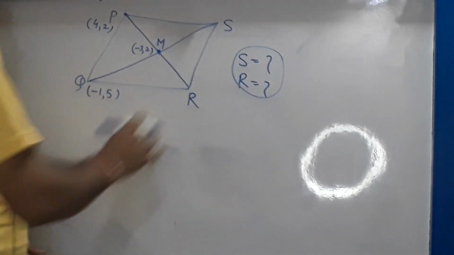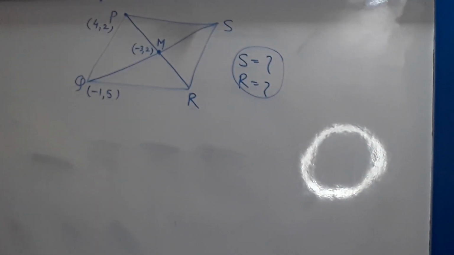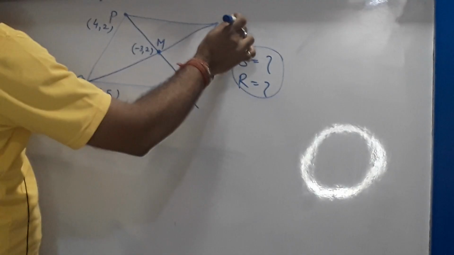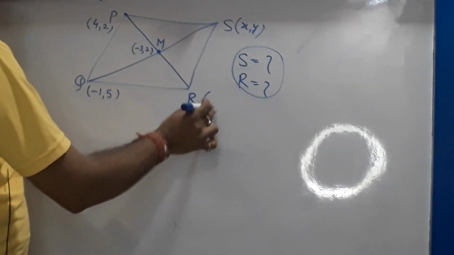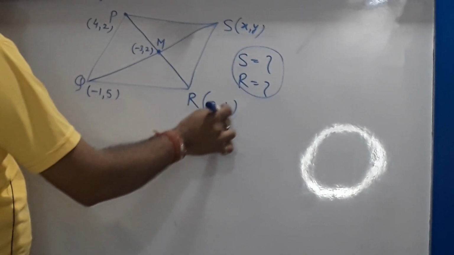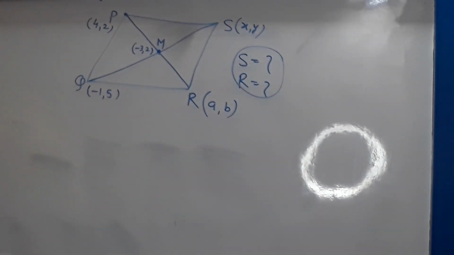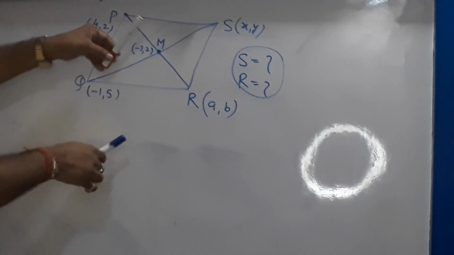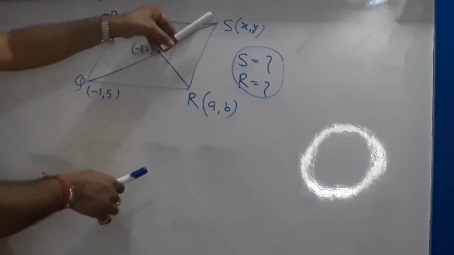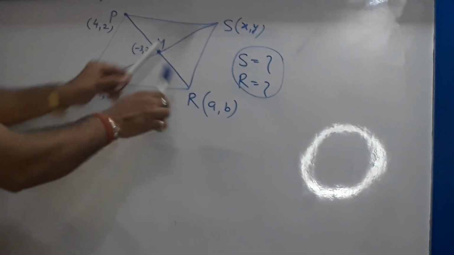Correct. Followed? Okay. So the coordinate of S I will take as x, y, and the coordinate of R I will take as a, b. Now PQRS is a parallelogram, so diagonal QS will bisect diagonal PR.